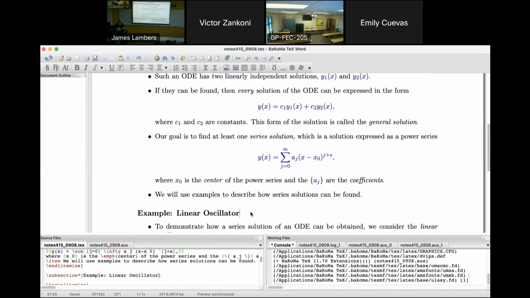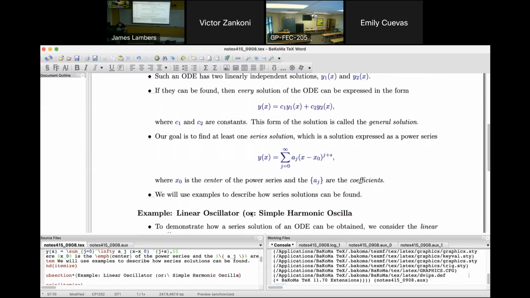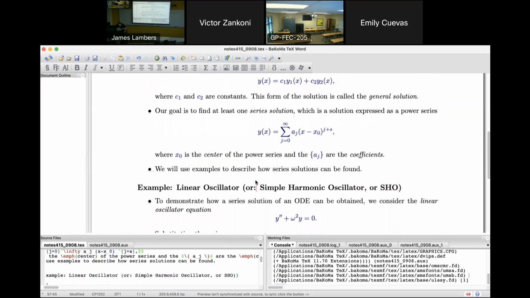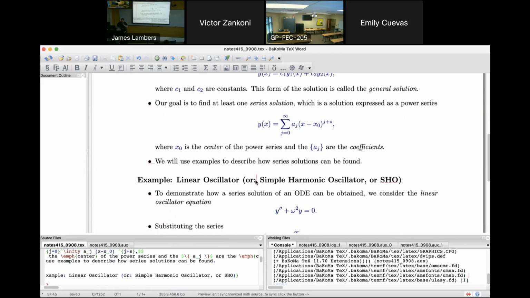Okay, so the first one will be a linear oscillator, also known as a simple harmonic oscillator, or SHO, which is how the textbook sometimes refers to it by the acronym. So this is a relatively simple ODE.